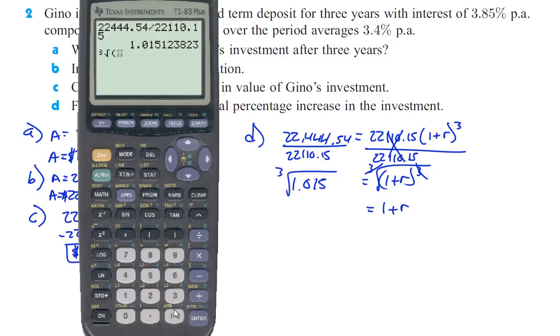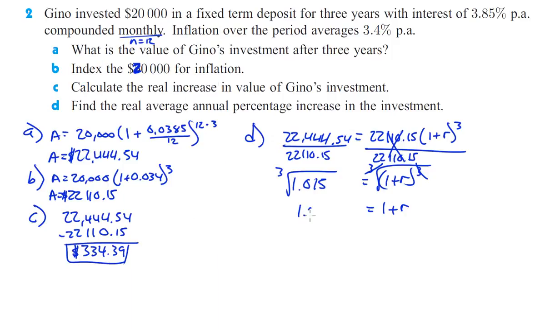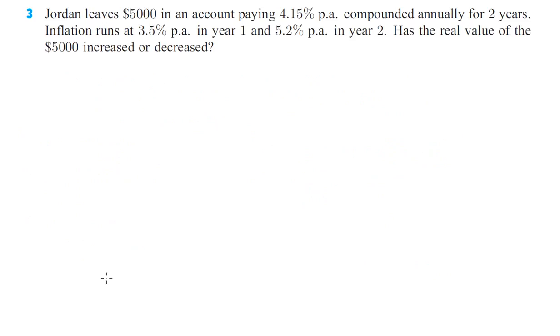So we'll do the third root of our answer, and we get 1.0035. Subtract 1. And we get that R equals 0.0035, which means an actual increase of 0.35%. That's pretty crummy. So inflation gets you, so you've got to make sure that you're taking that into account. All right, next problem.